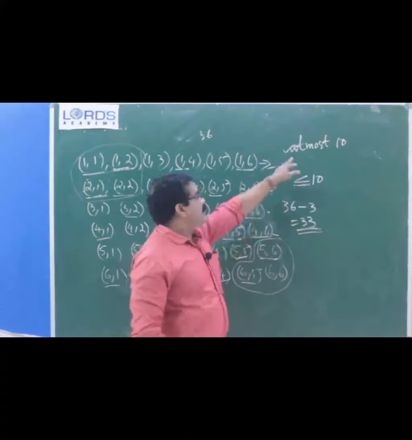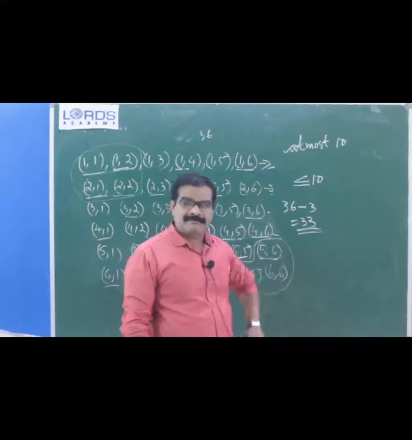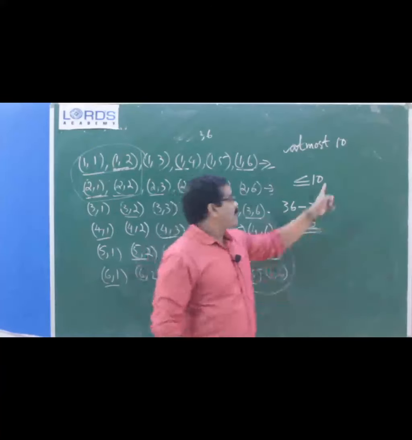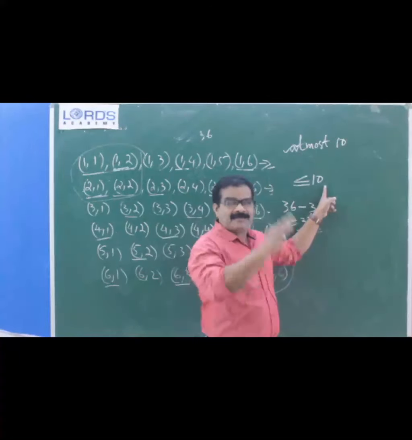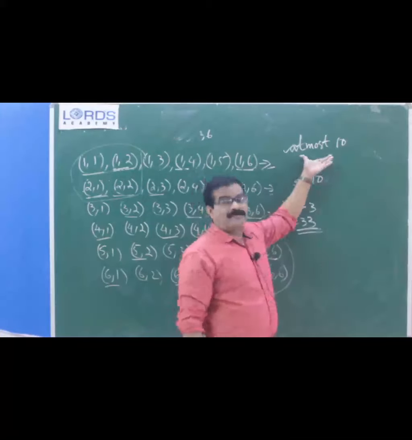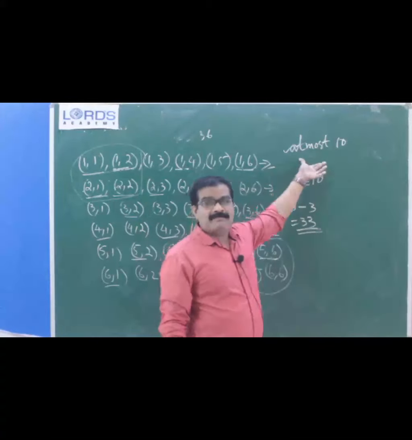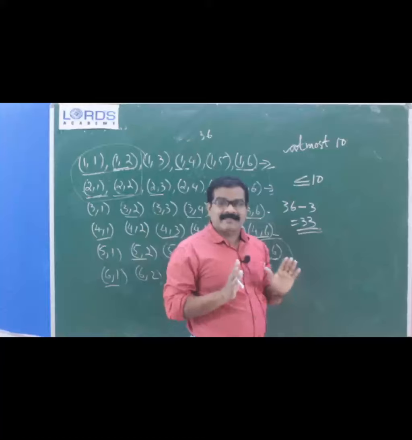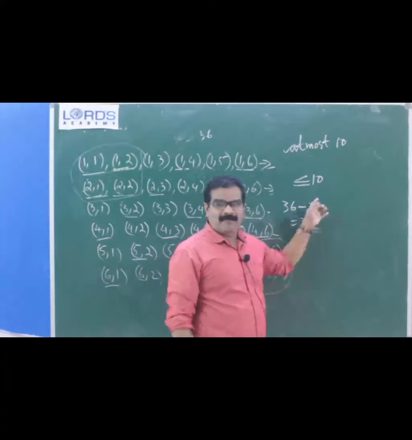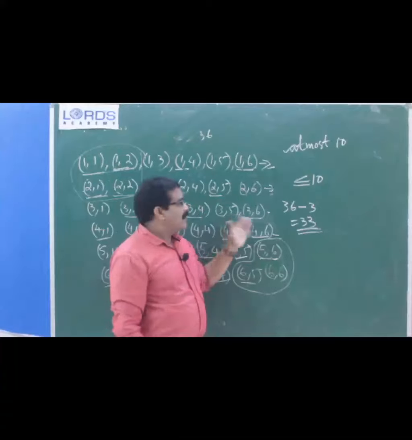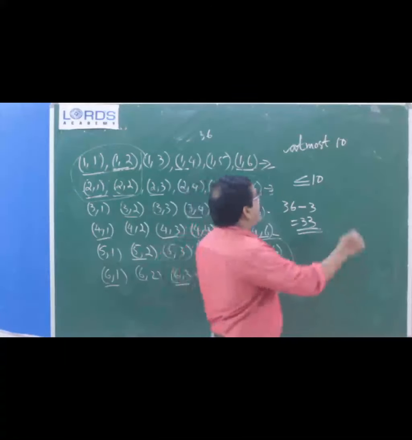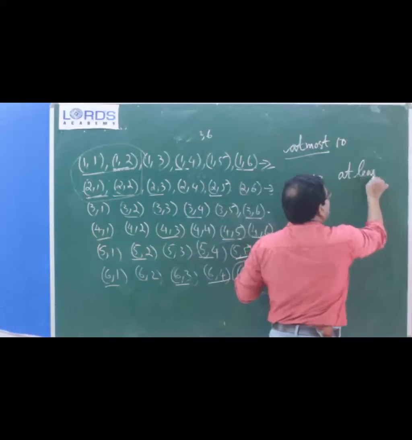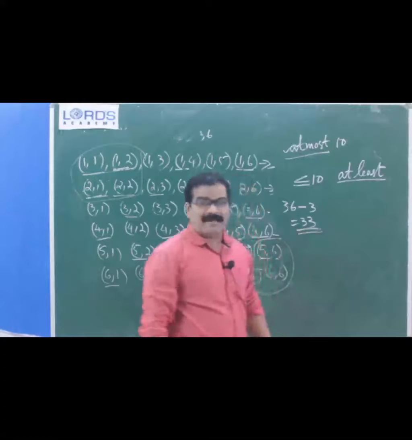What is the meaning of at most? At most 10. Less than or equal to 10, that condition: when we add, the sum should be less than or equal to 10. That means the maximum sum should be 10. The others also you can consider. In this also, what is the meaning of at least? This is at most, that is at least. What is the meaning of at least 10?